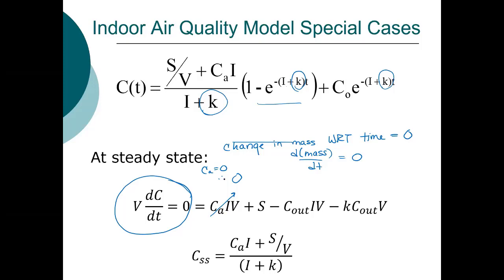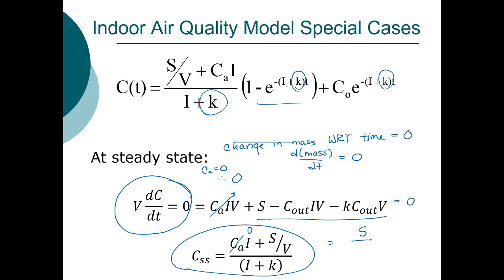And we can rearrange this so that we have an equation for the steady state that says C is equal to, in this case, this is 0, S over V times I plus K. So that's our steady state concentration.